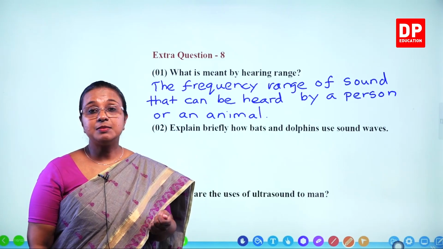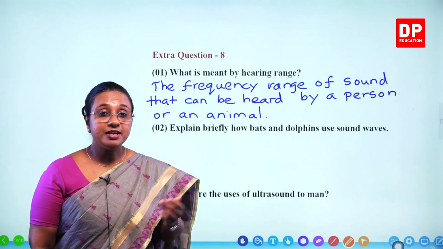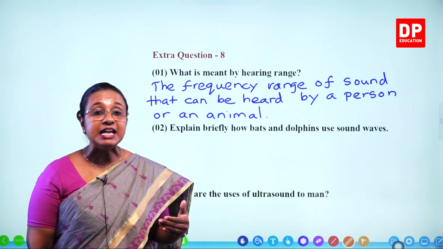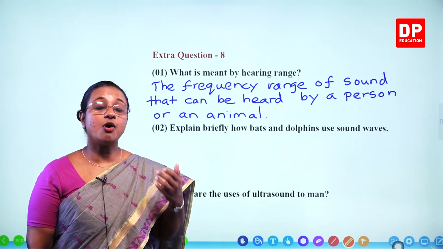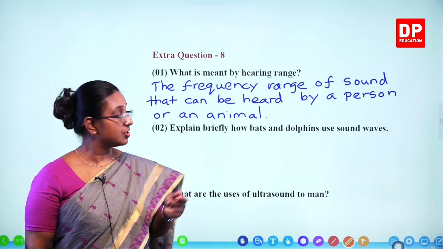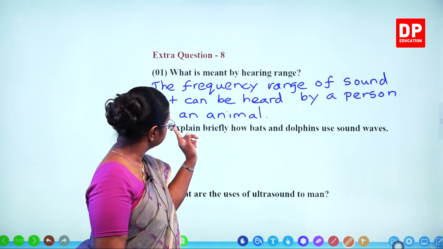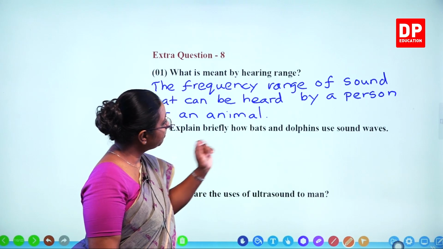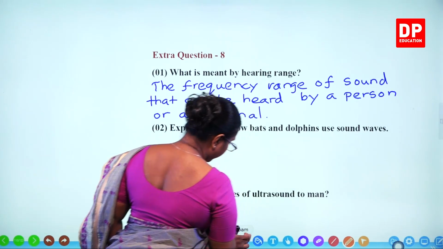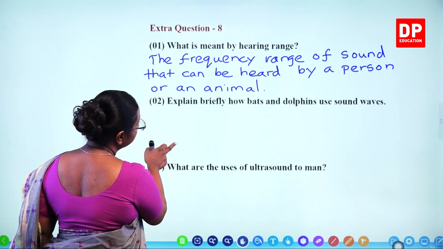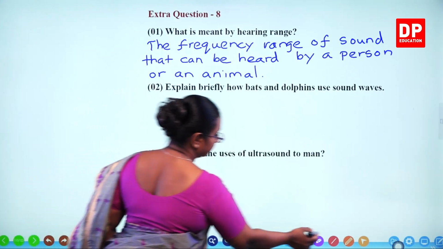To communicate among each other, to identify their prey, and to escape from large sharks or from their predators. So here explain how bats and dolphins use sound waves. You have to give the answer for both animals.